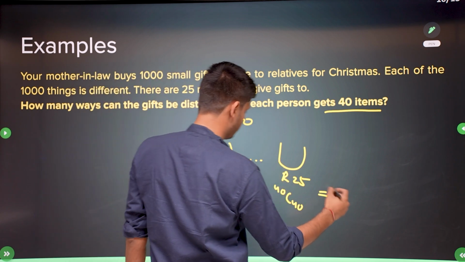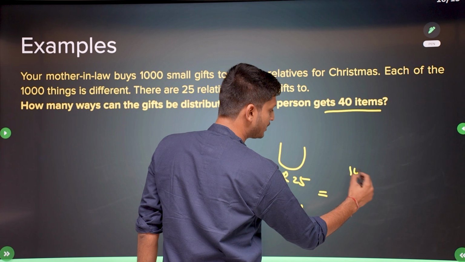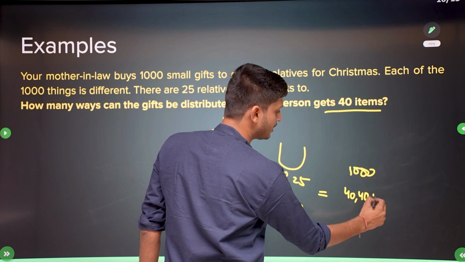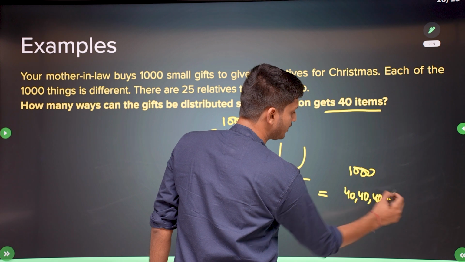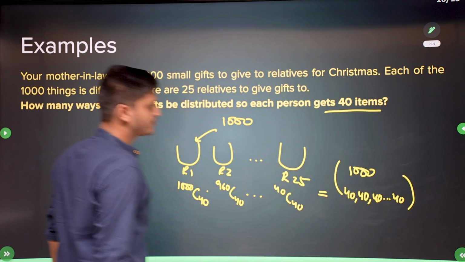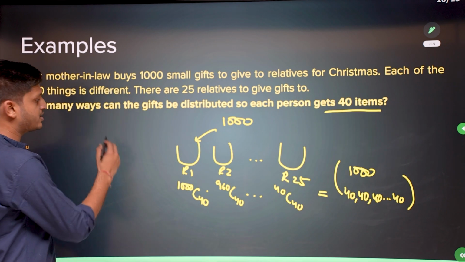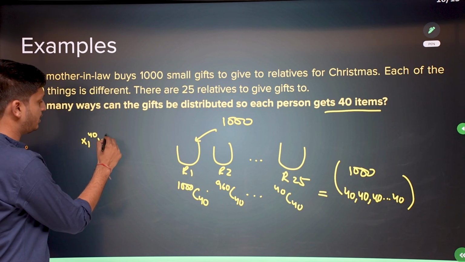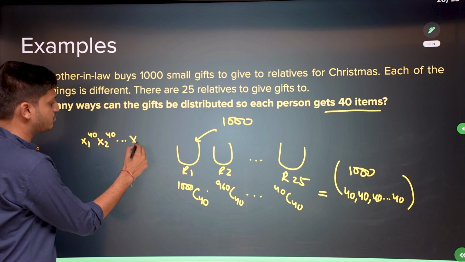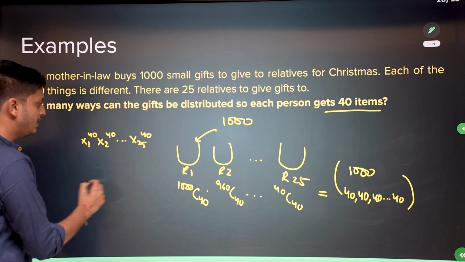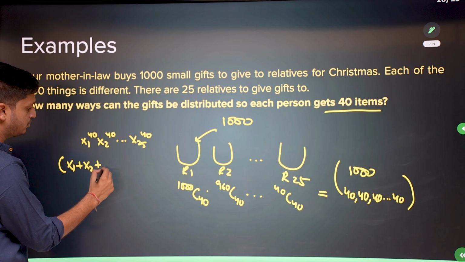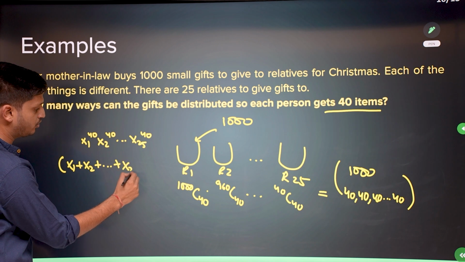This is nothing but choosing 40 items from the 1,000, then 40 items, then 40 items, up to 25 times. This is also the multinomial coefficient of x1 to the power 40, x2 to the power 40, up to x25 to the power 40 in the expansion of (x1 plus x2 plus up to x25) to the power 1,000.